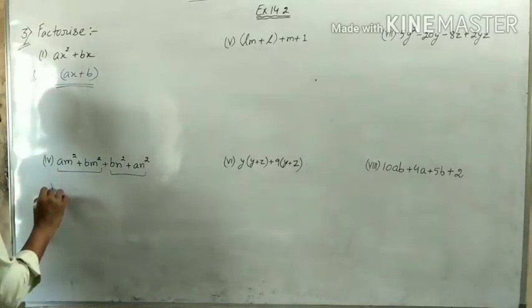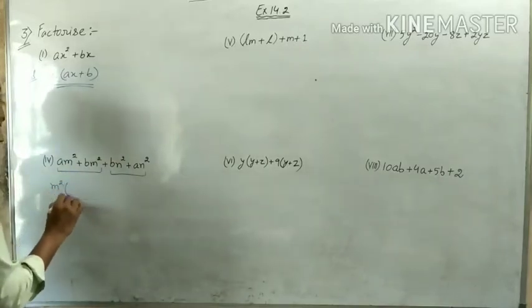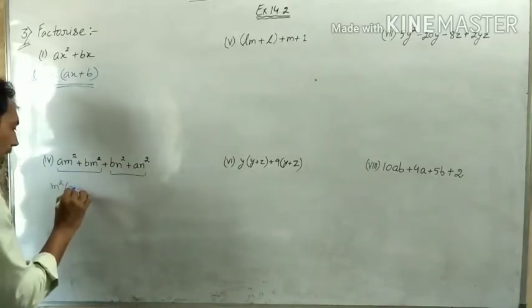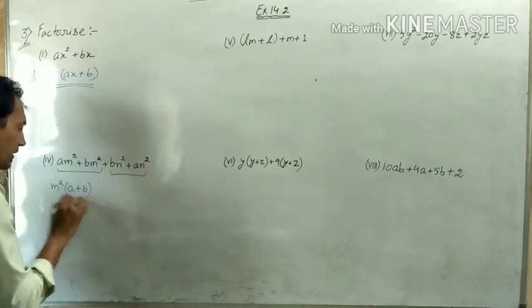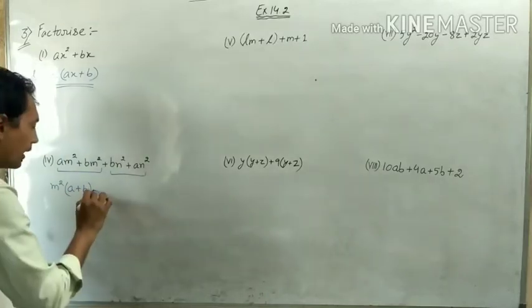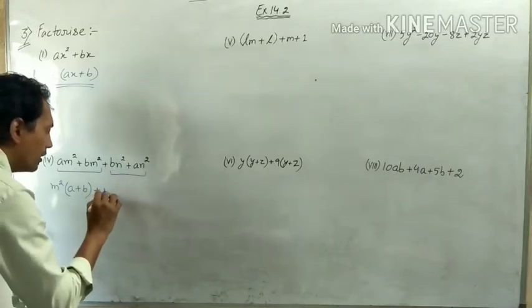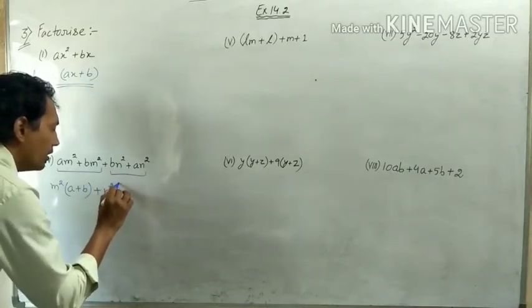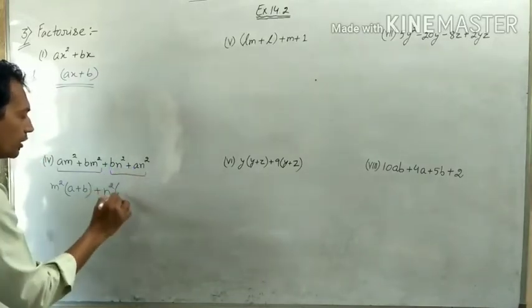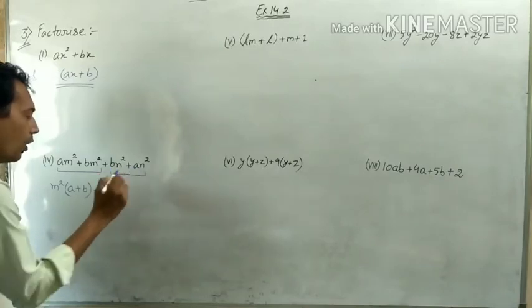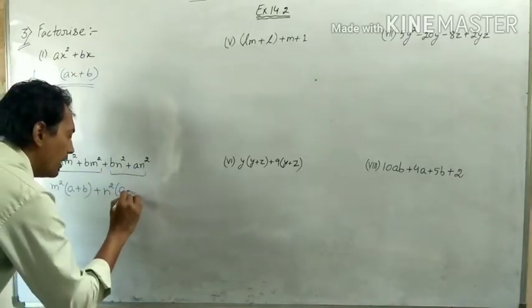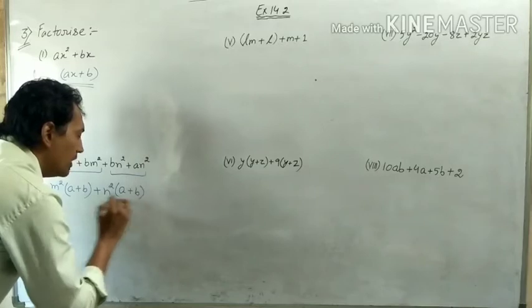What we can take common? M square is taken common. The rest of the thing inside the bracket, a plus b. Again plus, and now from here you can take n square as common, and the rest of the thing you can put in the bracket, that is b plus a, or you can also write it as a plus b.